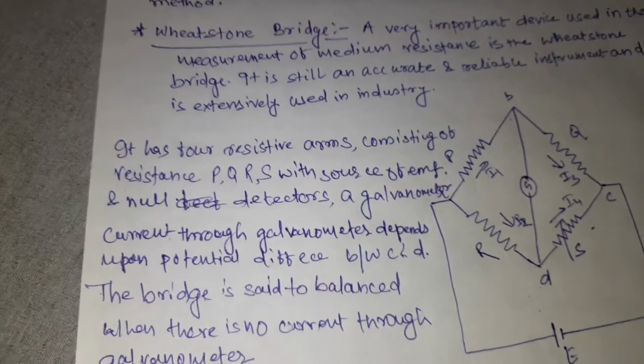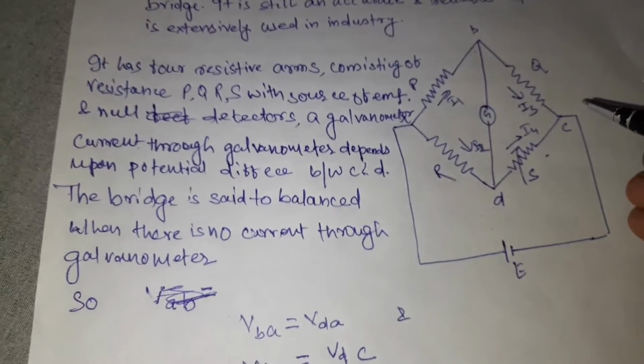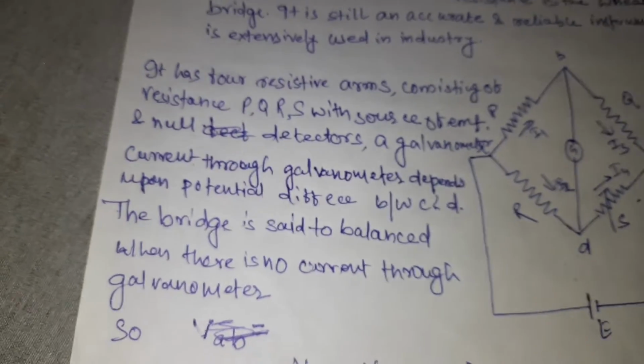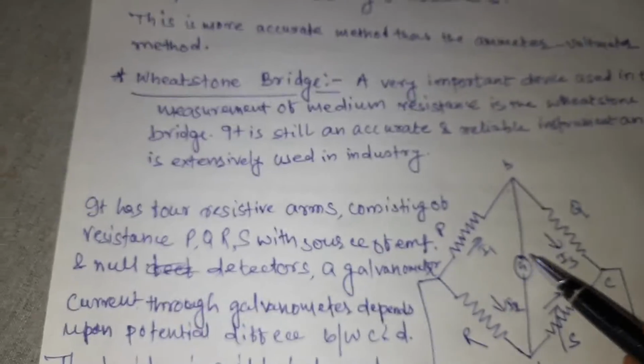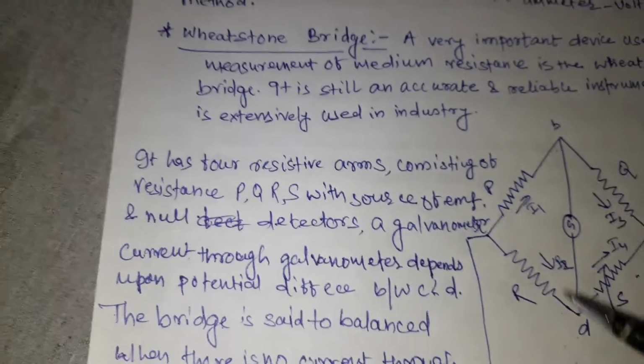At bridge balance, the voltage across BA is equal to the voltage across DA. That means the voltage drop across BA is equal to the voltage drop across DA.